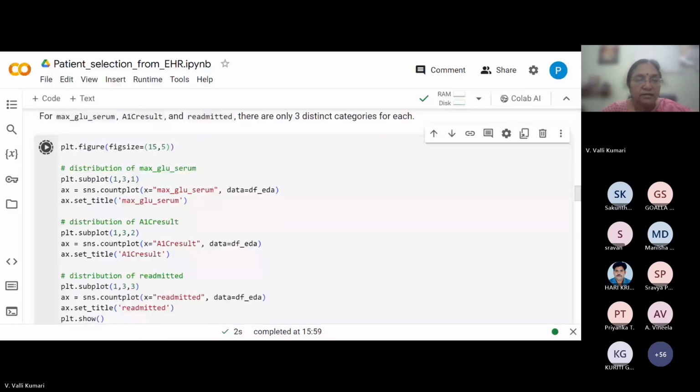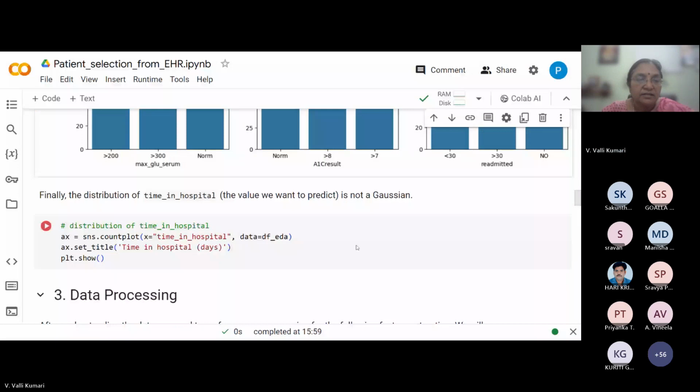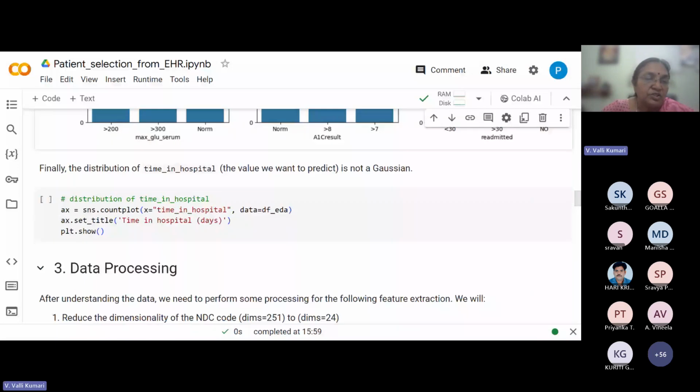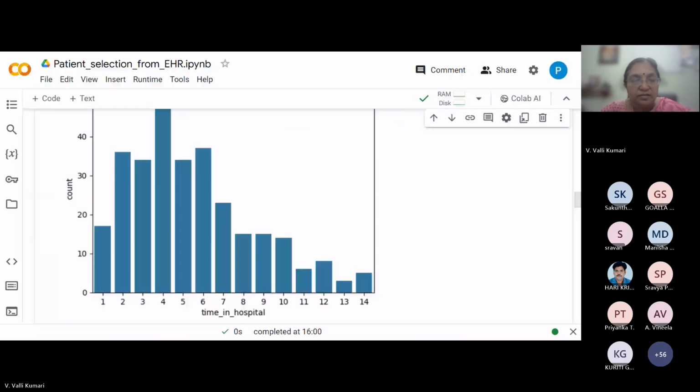Then how many patients were readmitted and administrations of certain drugs. Okay, how much time in the hospital. You can see more number of people up till 6 days, and beyond 7 days there are few people.